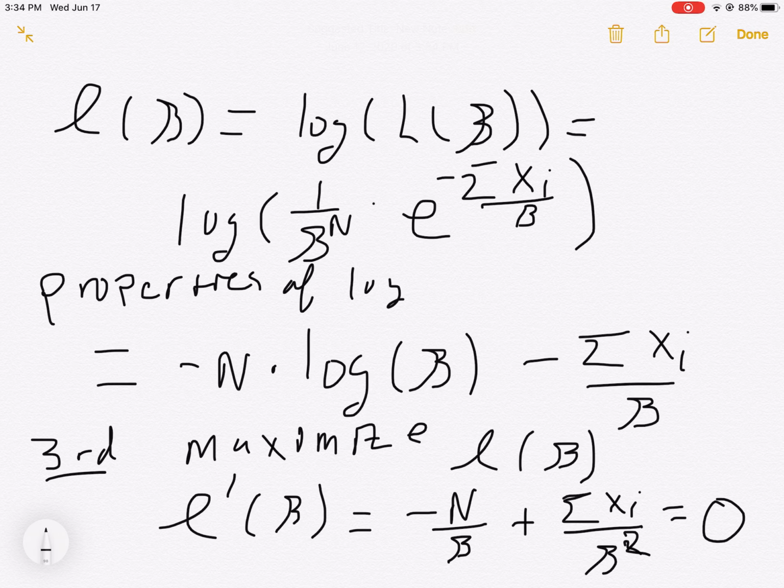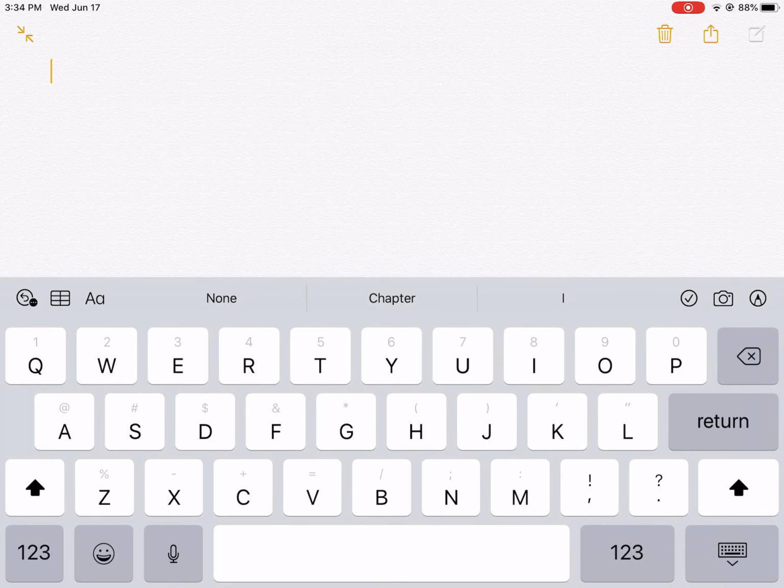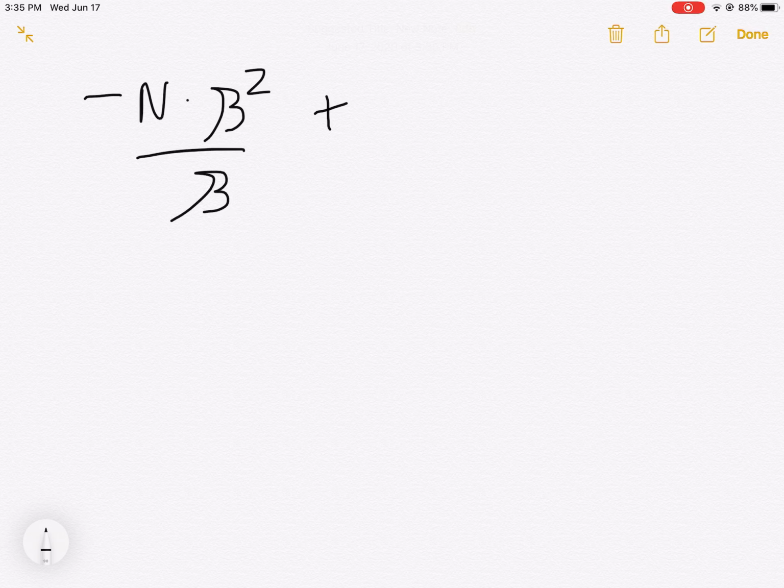Now, we're going to proceed by solving for beta. So this is going to be minus n times beta squared over beta plus the summation of xi equal to 0.